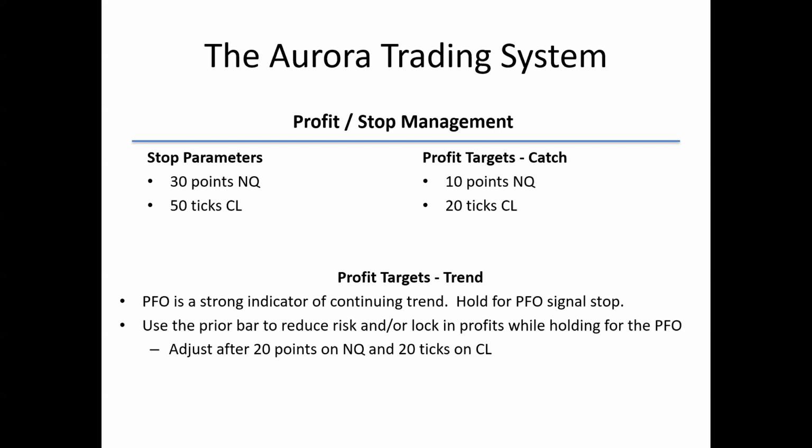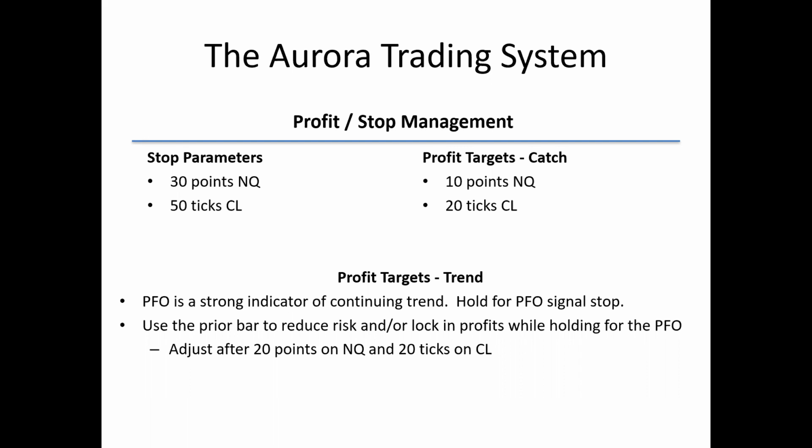Or if you see the profit flow oscillator signal disappear mid-bar, you could adjust your stop to the prior 10-minute or 5-minute bar in order to either reduce your risk or lock in profit. So that prior 5-minute bar methodology is still part of this, but the PFO is telling us whether or not we should take action in addition to that, or whether we should just continue to hold.